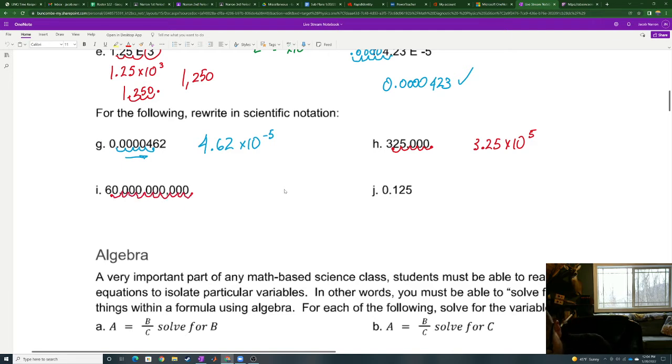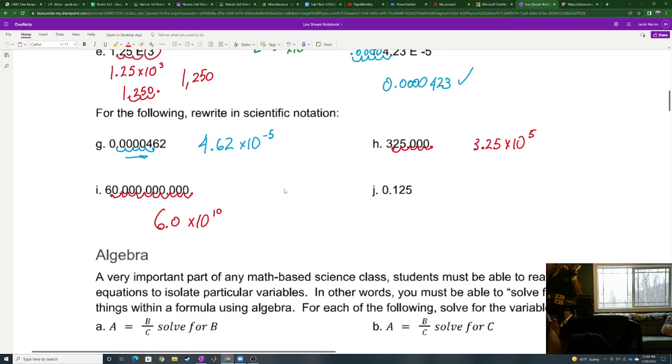And so look, it's going to be 6.0, and 6.0, that's good enough. It looks weird if you just do 6, but we'll call it 6.0 times 10 to the, what did I say, 10? Oops, 1, 2, 3, 4, 5, 6, 7, 8, 9, 10. Yep. And it's going to be to the positive 10 because once again, 60, what is that, 60 billion? That's a pretty big number. So that's why it's going to be positive.